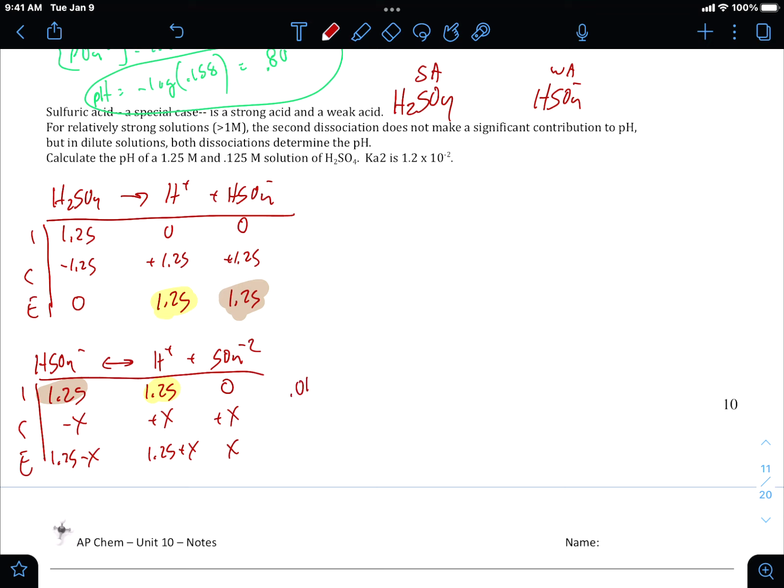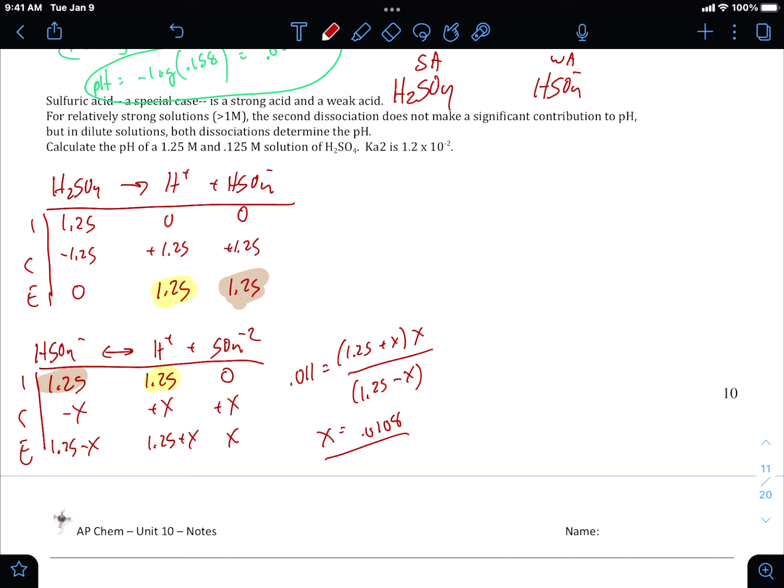And the Ka was 0.011, which is equal to 1.25 plus x times x over 1.25 less x. So what is x now? 0.0108 is x.